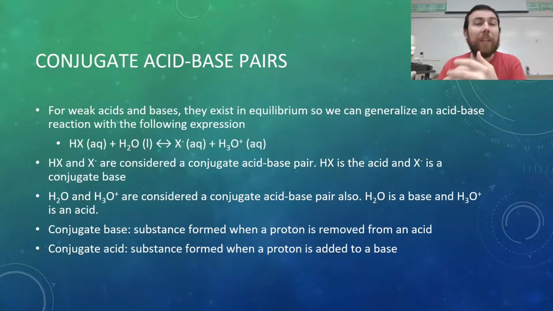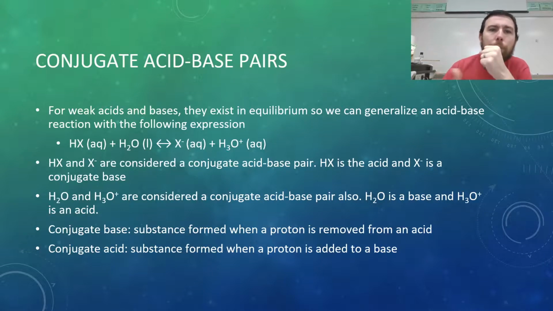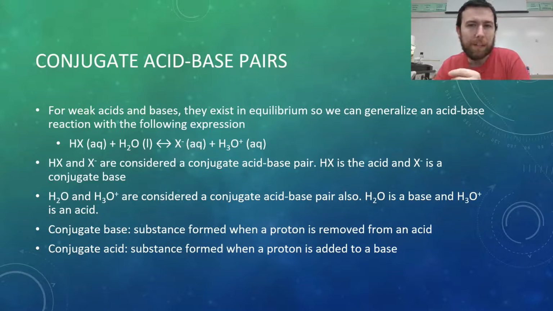Now, for weak acids and bases, for example, something like ammonia or acetic acid, acetic acid is a weak acid, ammonia is a weak base. When they react, we know they exist in an equilibrium. Instead of a single solid arrow that goes in one direction, there's this moving back and forth between the reactants and products that can take place.